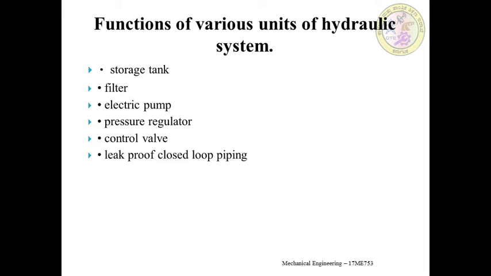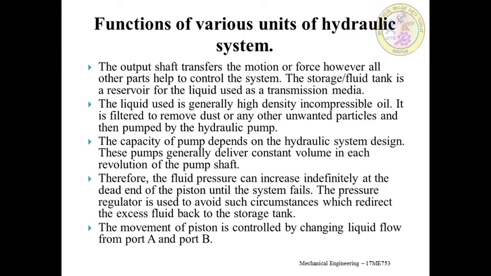So we have studied the various components. And leak proof closed loop piping, which means we need to have a leak proof system, so that energy is not lost. Leak proof closed pipes are used.